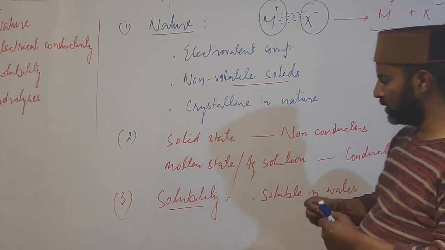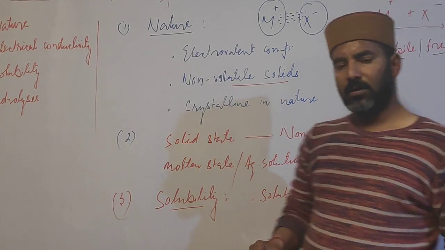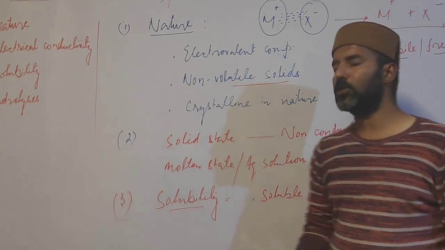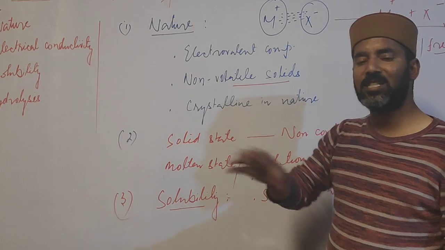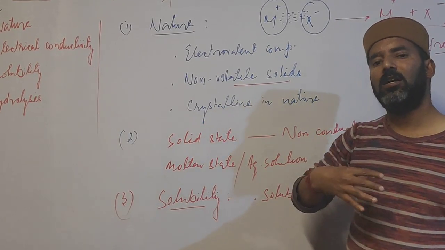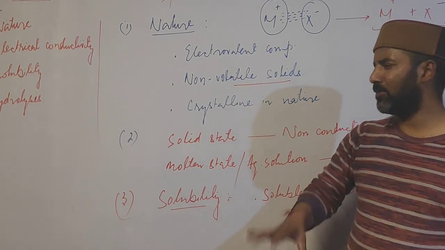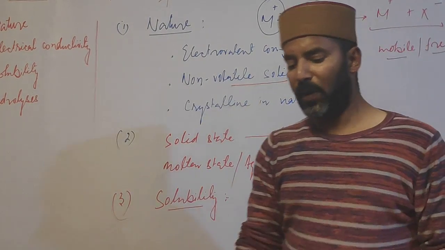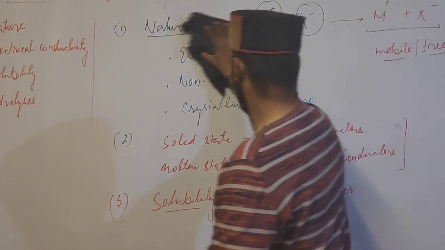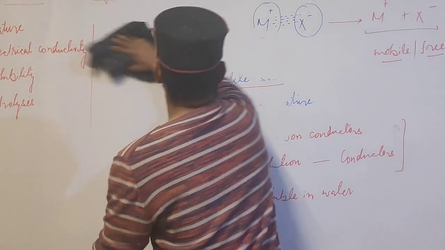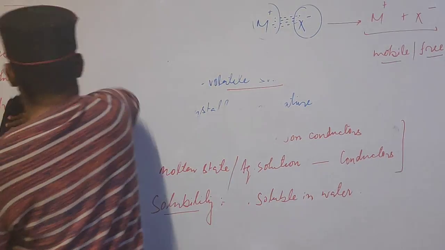But students, let me tell you that the extent of dissolution of a salt is not the same. Some salts are highly soluble, some salts are very less soluble, some are partially soluble. So depending upon solubility, we have three types of salts.